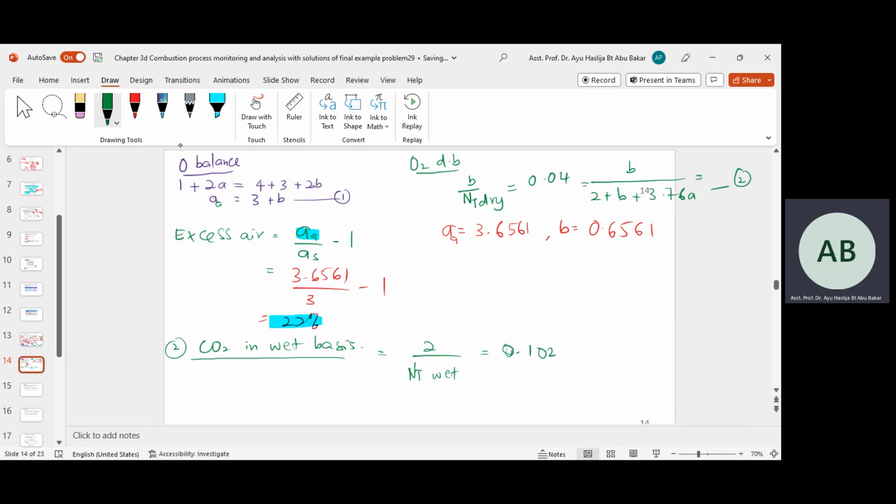The calculation looks simple, but sometimes you might make a mistake on the N total over here, N dry and N wet. So make sure N dry is without the H2O. N wet is with H2O.